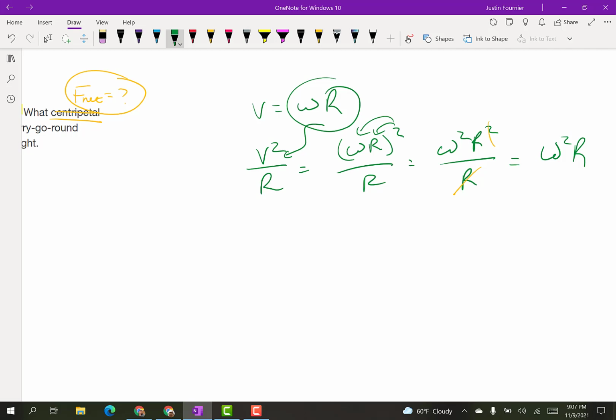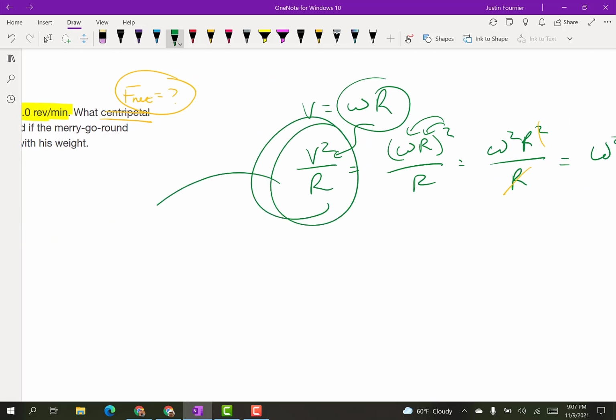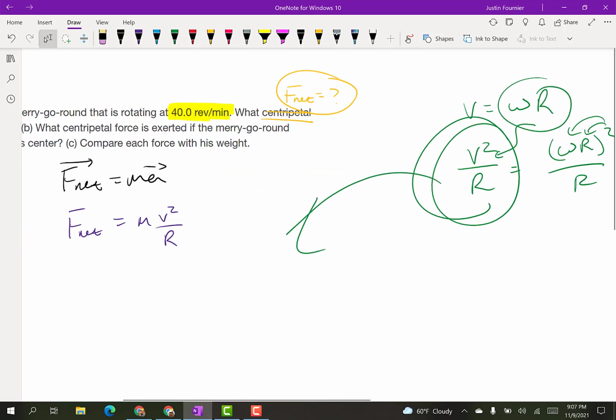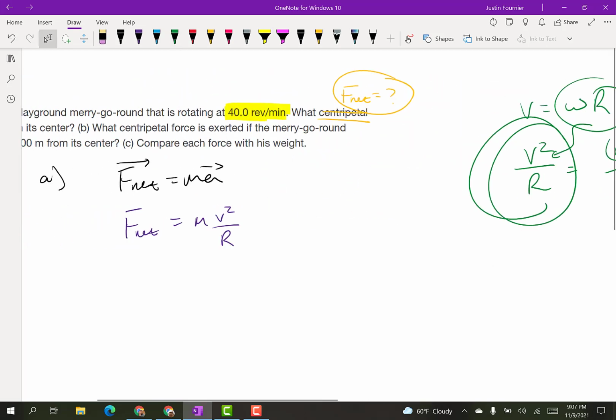That's what I'm going to do this time. I could totally just plug in v and then convert this to an angular frequency, but I'm going to get fancy. I'm going to say this is my acceleration, omega squared times r, and that's what I'm going to replace in there. I'm going to use another way to write the centripetal acceleration as omega squared times r, and I just showed it to you over there.